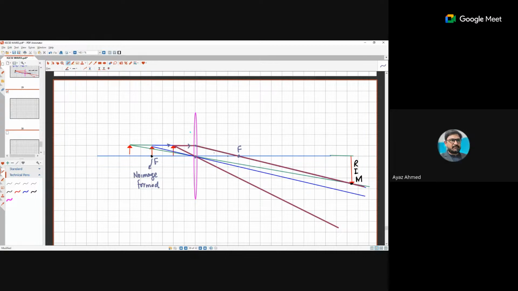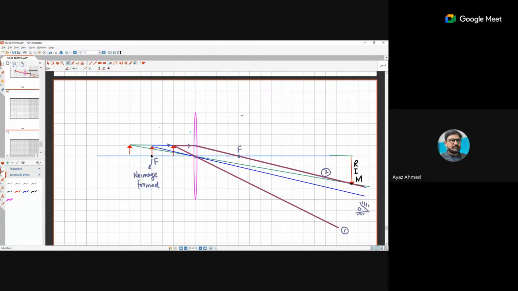Yes, it must be passing through optical center by all means. Okay, आपका क्वेश्चन क्या है? No, no, I understood. It's fine. ठीक है, यानी this is your ray number 1 which would be passing through optical center without bending, and this is your ray number 2 which would be passing through principal focus after the lens.